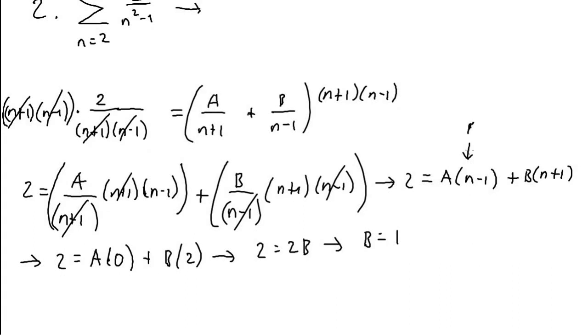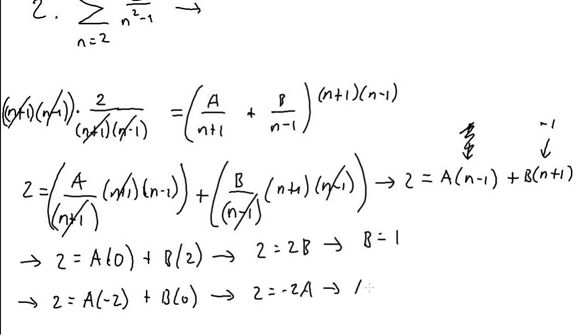Now let's plug in negative 1 for n. I'll get 2 equals negative 1 minus 1, which is negative 2, times a, plus b times negative 1 plus 1, which is 0. So we're left with 2 equals negative 2a, which means a is equal to negative 2 over 2, which is negative 1.